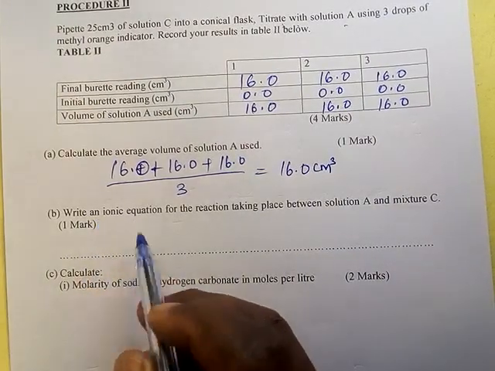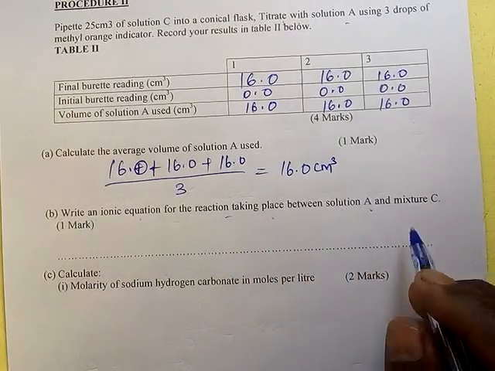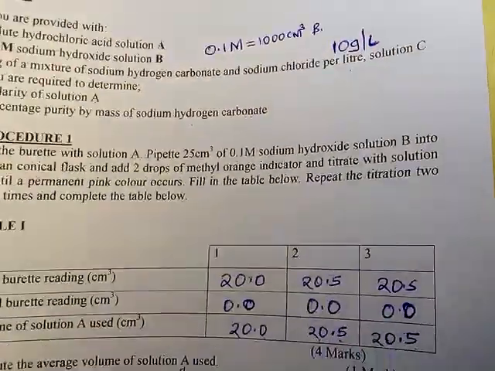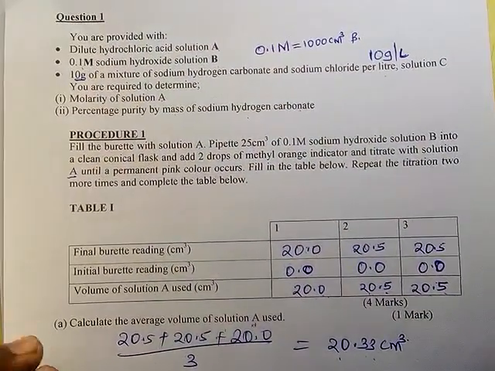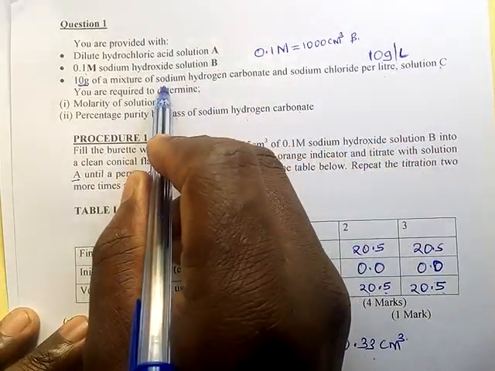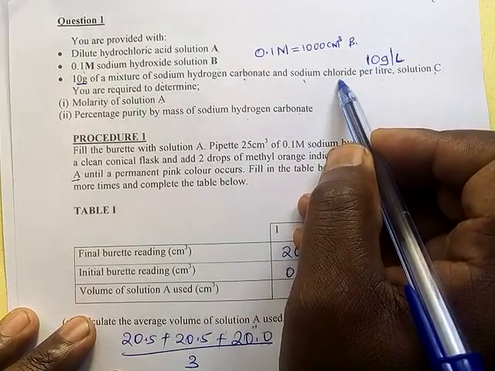Write an ionic equation for the reaction taking place between solution A and mixture C. So let us look at what we were provided with. What was C? C is a solution made of sodium hydrogen carbonate and sodium chloride, right?